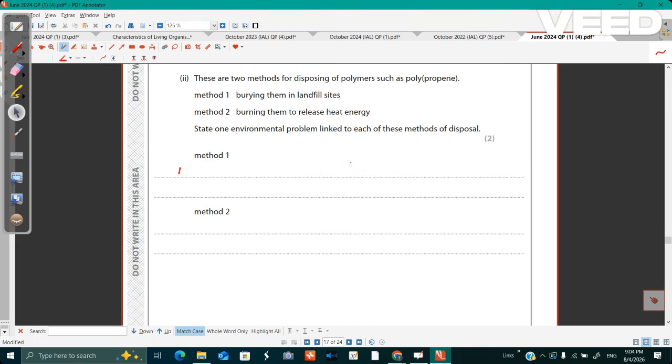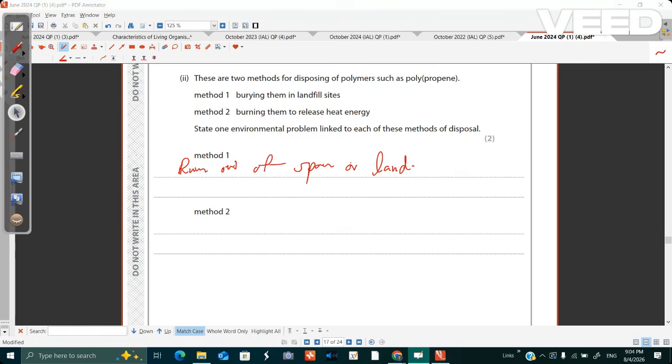You are running out of land, because it is not getting decomposed. So you will have to find another land for the landfills. But if you are using decomposable material, you will not have that problem. Why? In few years, it is getting decomposed. You can again use the same site to dump all the material in.